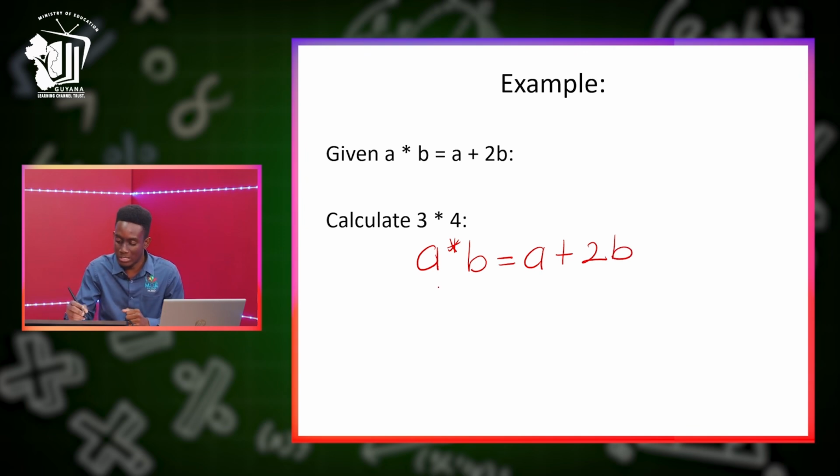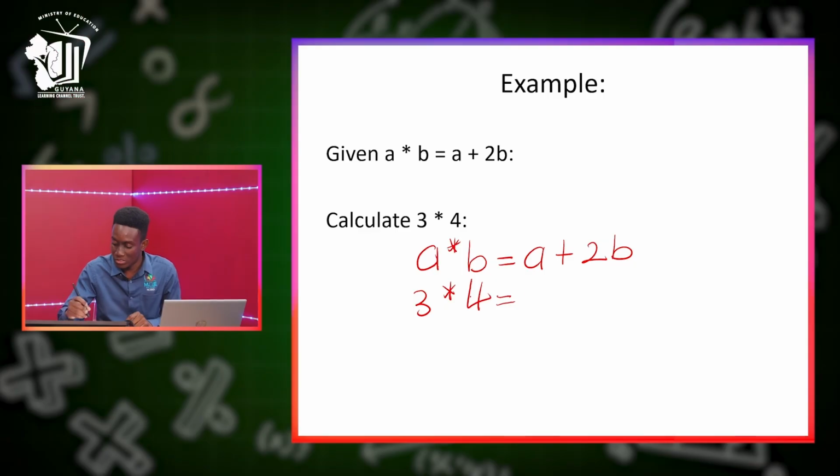And they want us to calculate 3 asterisk 4. So what this is saying, wherever we see A, we will replace and put 3 in the formula. And wherever we see B, we will replace it and put 4 in the formula. So instead of A plus 2B, we will have A, which is 3, plus 2 multiplied by B, which is 4.